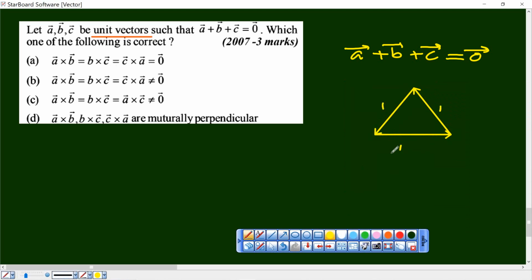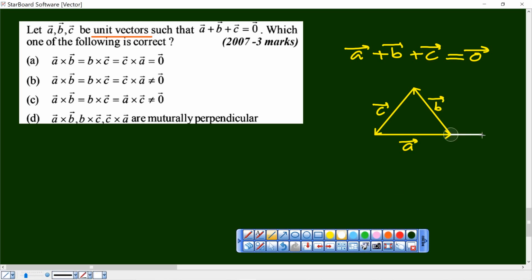Now, call any one of them A, any one of them B, and any one of them C. Let's call this A, this B, this C. Now, see how convenient it is. All of them will make an angle of 120 degrees with each other, as I showed you, because if the vectors are drawn in sequential manner, the angle that we need to see is the external angle between them, not the internal one.